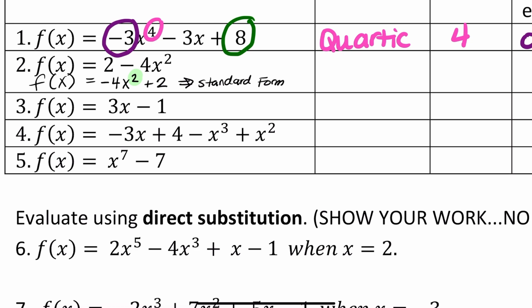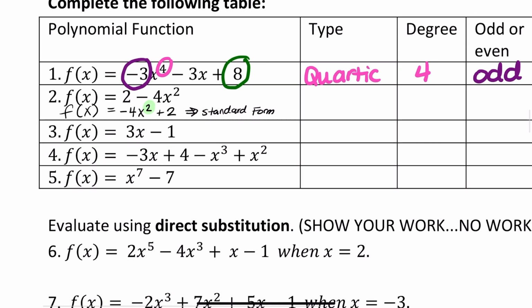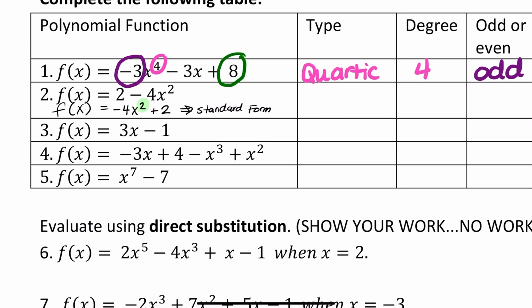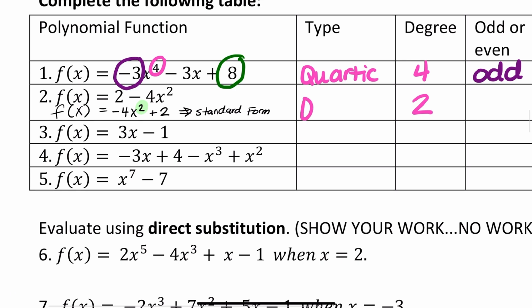All right, so since the highest exponent here is 2, the degree is 2. And degree 2 would be classified as a quadratic function. So this is a U shape.